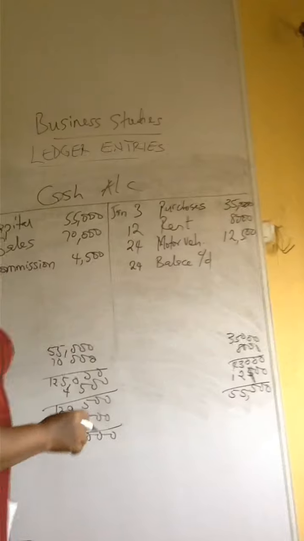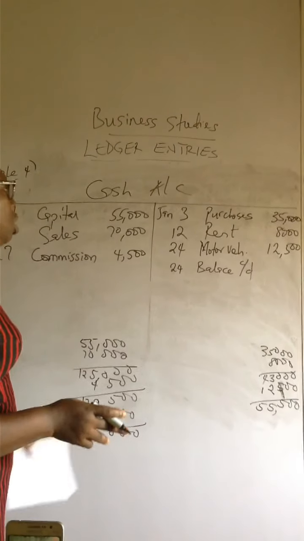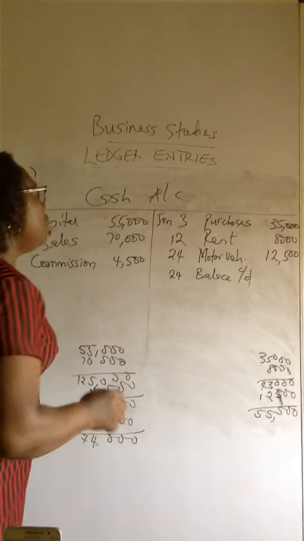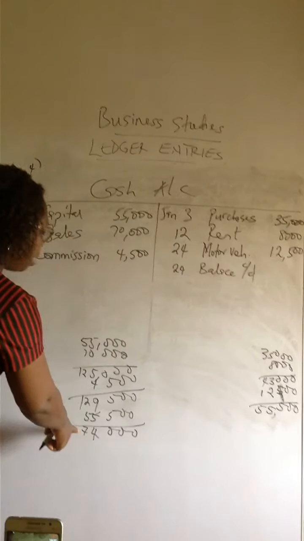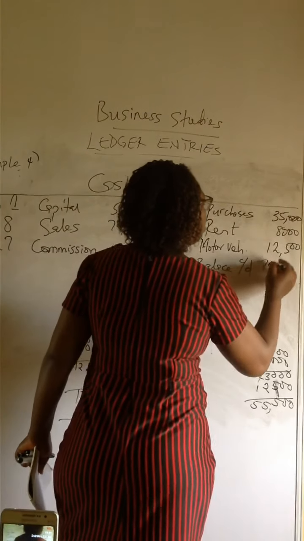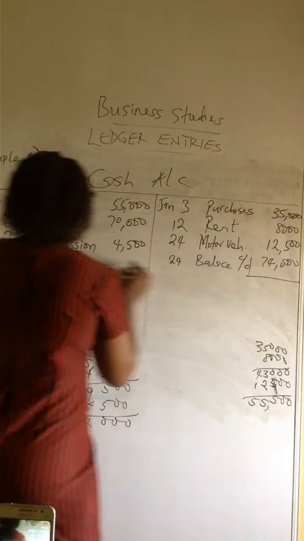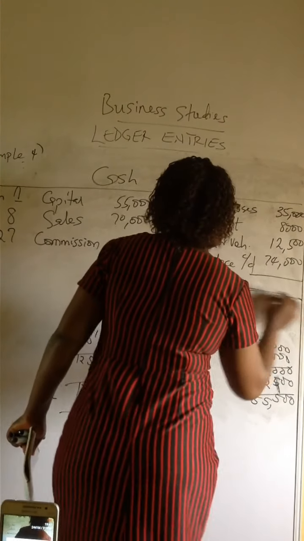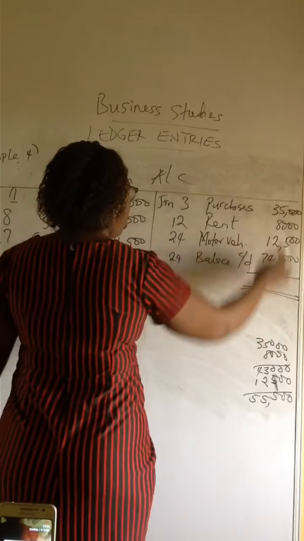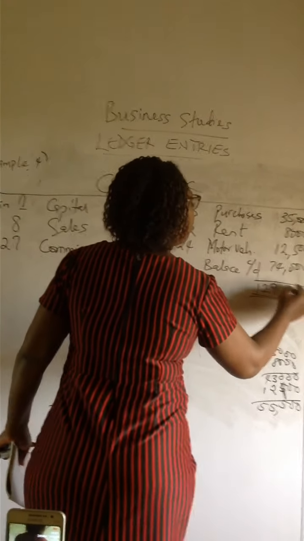If you remember some terms that are used along with the ledger that we treated in JS1, one of them is this. CD means carried down. So what are we carrying down? This balance, 74,000 naira. Make sure that your balances are on the same line. So when you add the 74 to this, you will come back to 129,500.